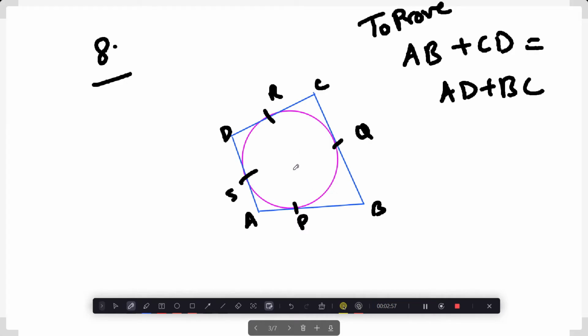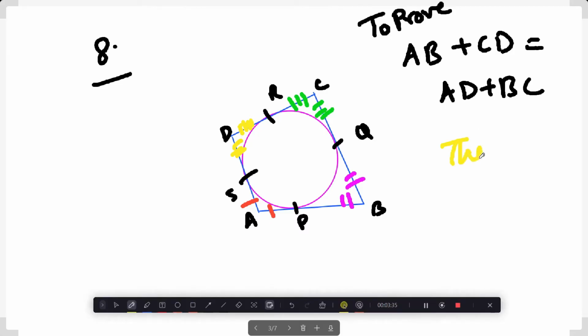Circumscribe means this, right? It's like they're touching at 1 point on each side. So when we add AB and CD, we can see that there is one of each of the colors, orange, pink, green, and yellow, and similarly for the opposite sides also. So basically, using theorem 2, we can prove this.